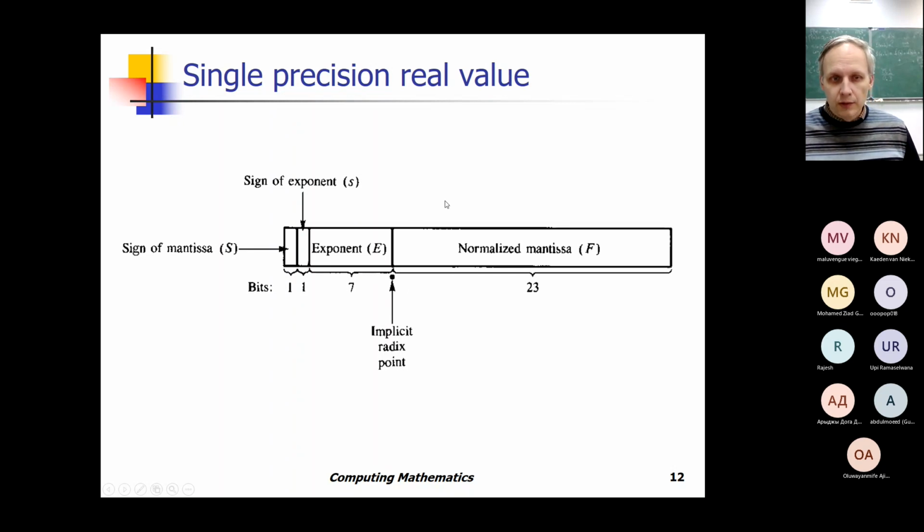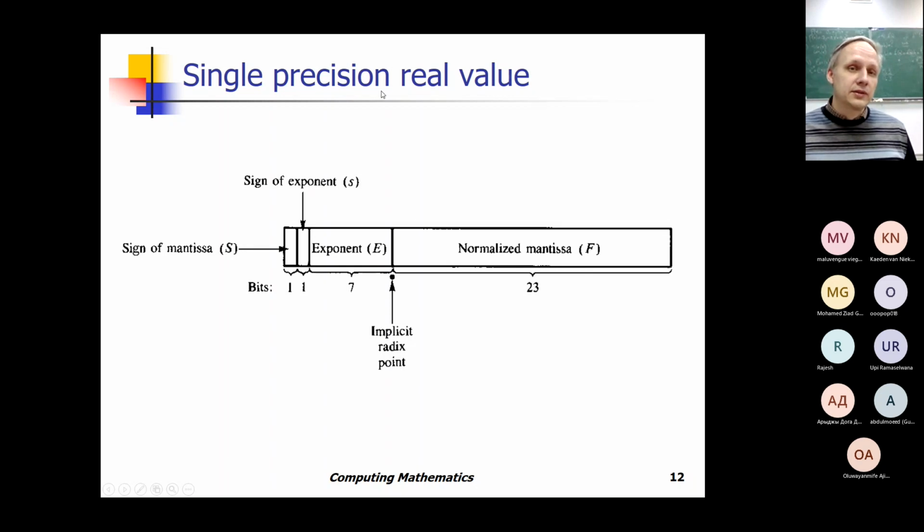And these 32 bits are divided into several parts. 1 bit for the sign of number that corresponds to sign of mantissa. 0 for positive, 1 for negative. It doesn't matter. Of course, you should remember that 1 bit for the sign, 1 bit for the sign of the exponent, then 7 bits for the exponent and 23 bits for mantissa.